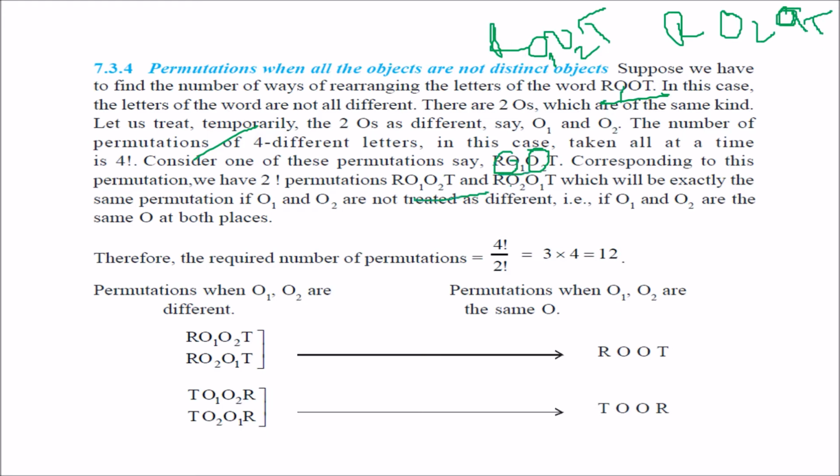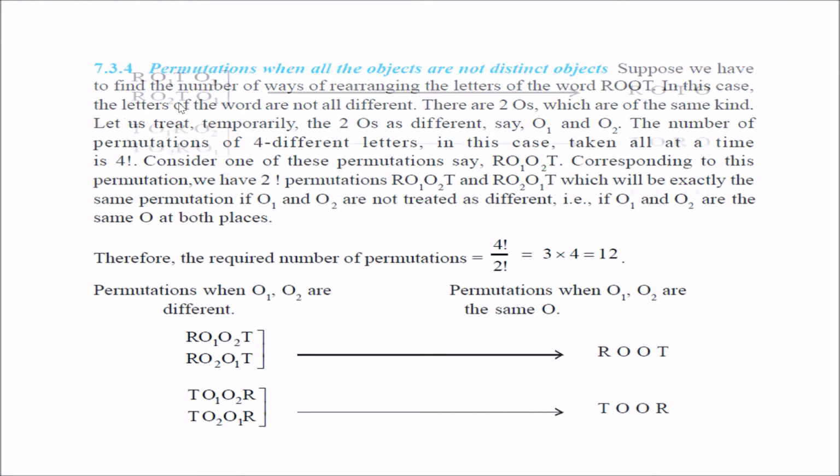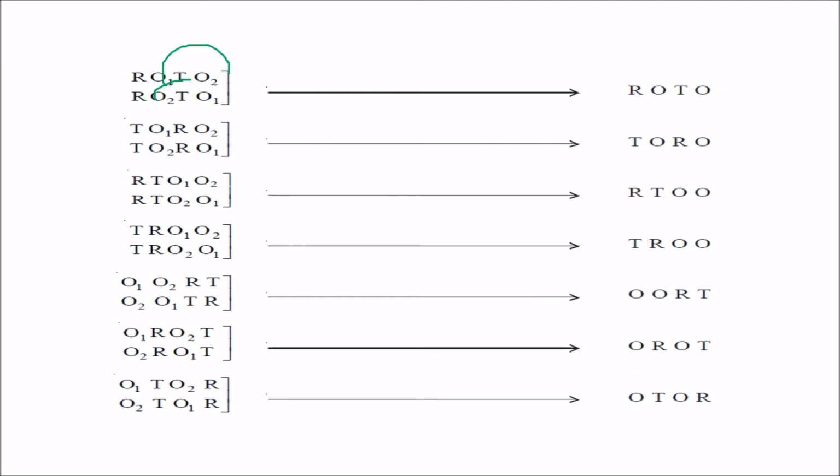These are the 2 options available. But because o1 and o2 are similar, non-distinct, both of these arrangements will be equal, just root. Similarly, the other arrangements will also give the same answer because the o's are similar.